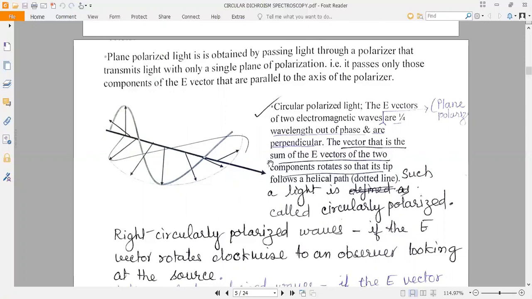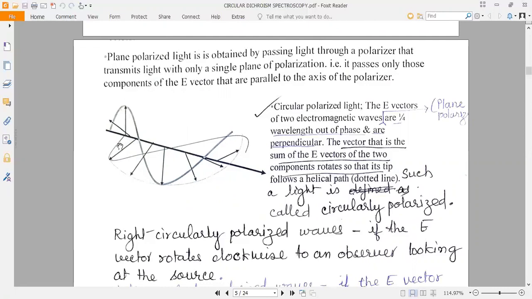The vector that is the sum of E vectors of the two components. Now, sum of this and sum of this. Two waves are moving in this forward direction. This wave has this vector, this another wave has this vector.